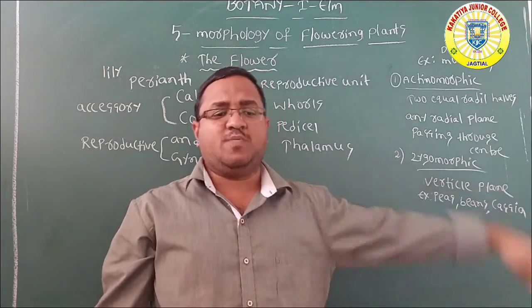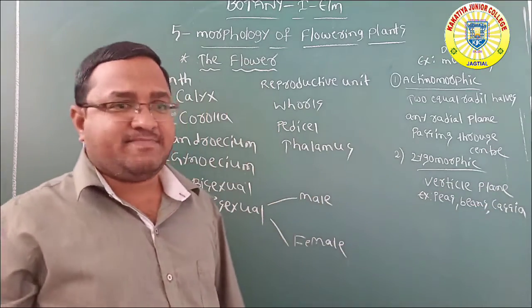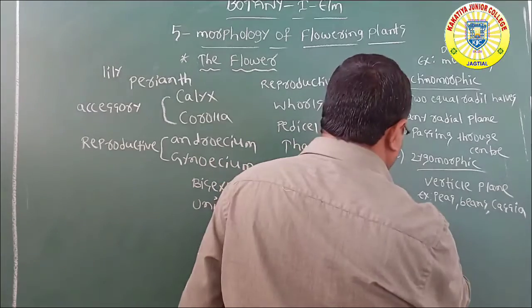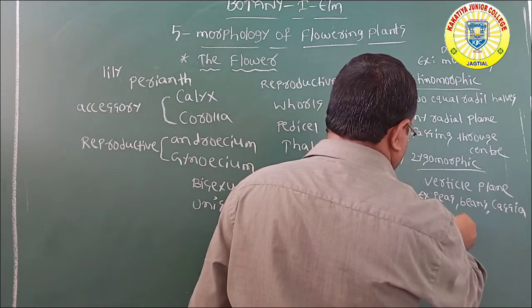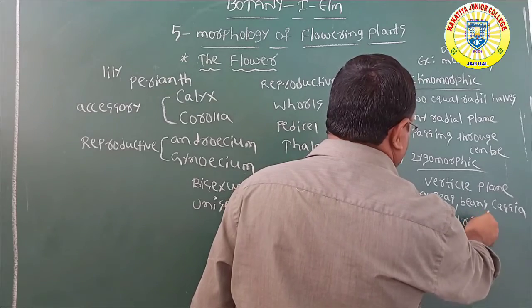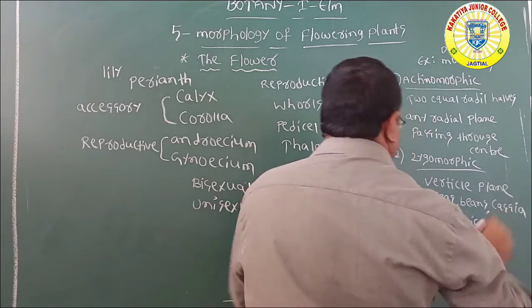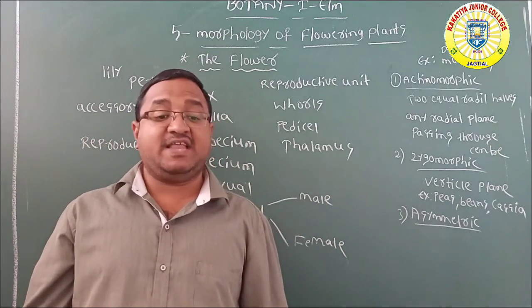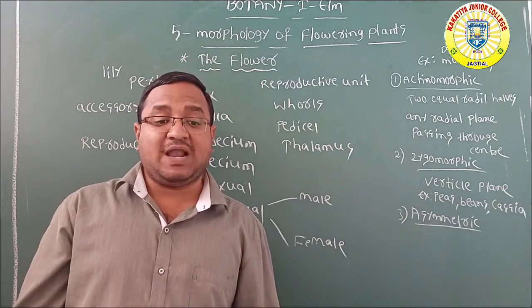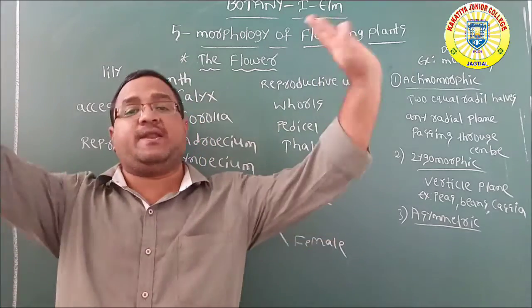That is zygomorphic. But what is asymmetric? The third one. Asymmetric means we cannot divide the flower into two equal halves in any vertical plane.